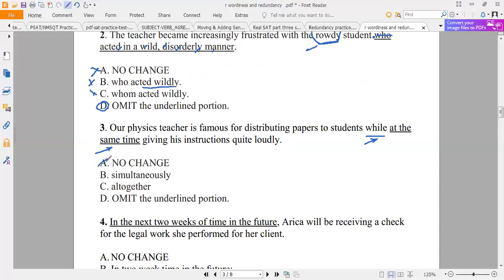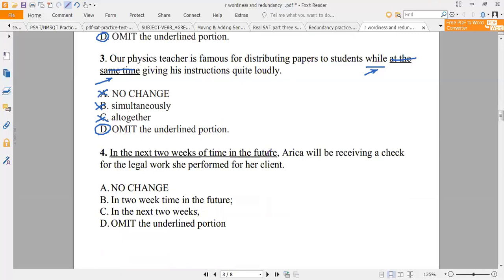So I'm going to cross out answer A, no change is wrong. simultaneously معناها برضو at the same time نفس المينينج. يبقى أنا شلت كلمة at the same time وجبت كلمة simultaneously نفس المينينج، برضو لسه في redundancy. altogether نفس المينينج. يبقى برضو الانسر دي هتبقى دي اللي هي delete or omit the underlined portion وأقول while giving his instructions quite loudly واشطب الجملة المكررة.